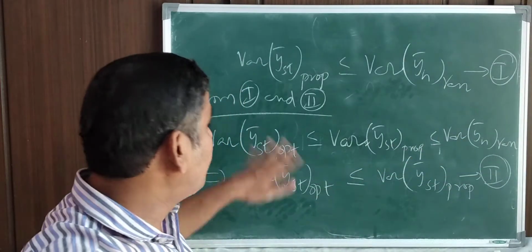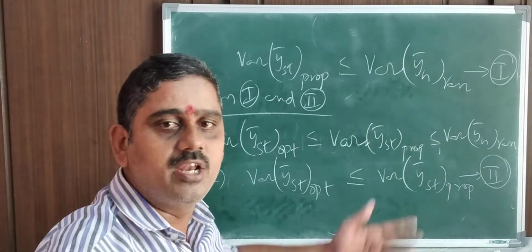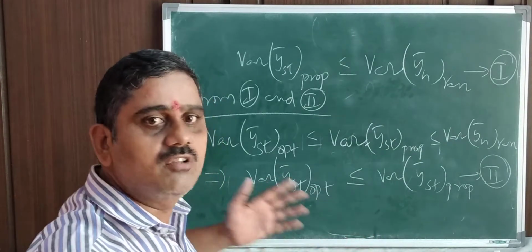So therefore, optimum allocation gives the minimum. This is the conclusion.